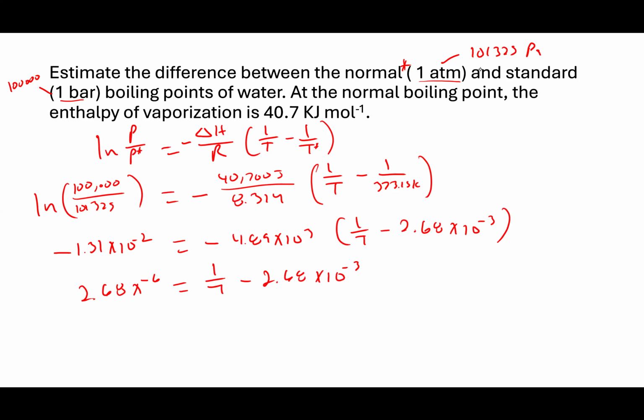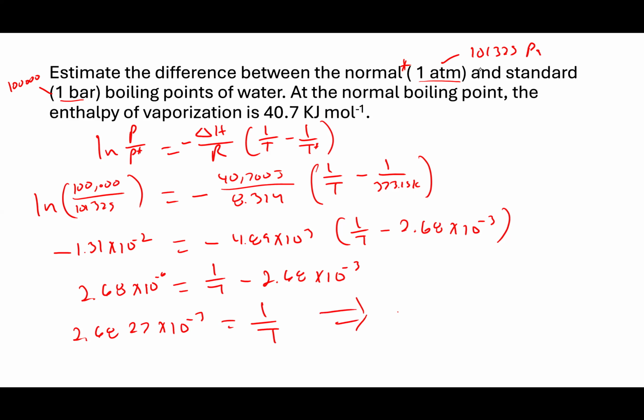Then from there, do a little bit of addition. 2.68 times 10 to the negative third plus 2.68 times 10 to the negative 6 is going to be, we're going to do some extra decimals here, otherwise we're going to get basically the same temperature, 2.6827 times 10 to the negative third. That equals 1 over T.